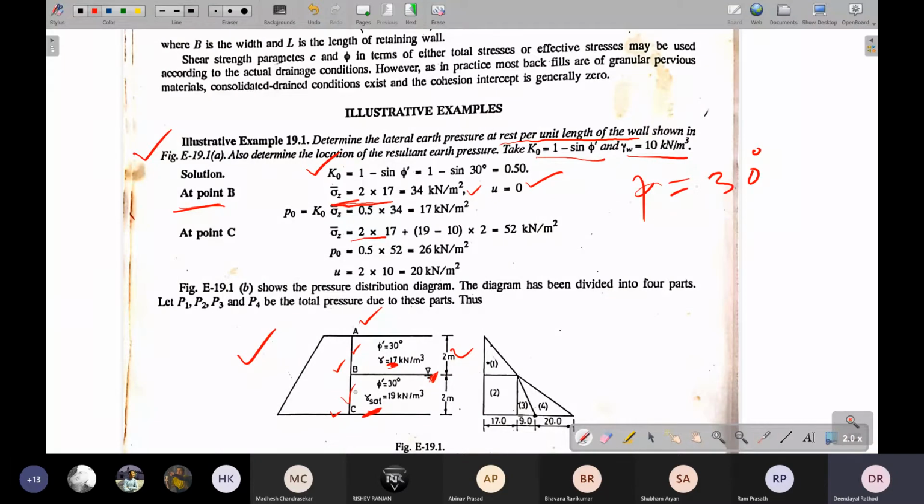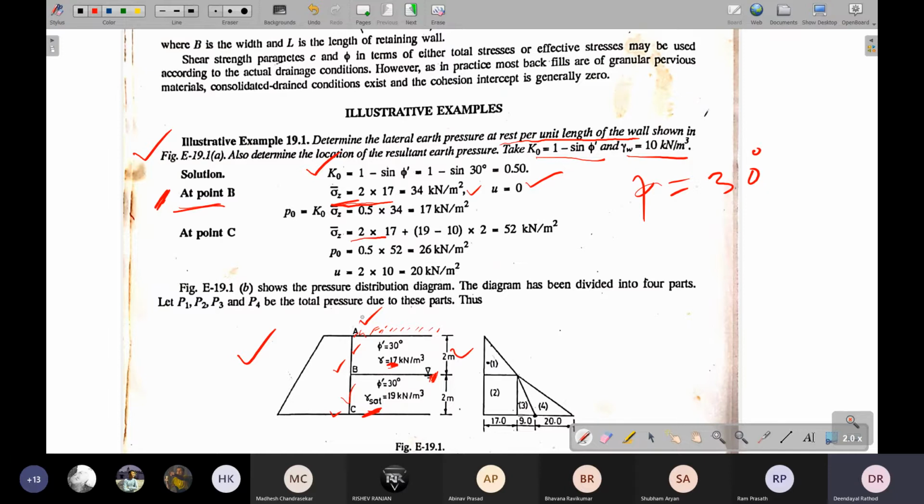What is the vertical stress here? At A it is 0. That's why they have not taken the point A here. If you have any surcharge, then there would be some pressure at point A. There is no surcharge, free surface, so A equals 0.